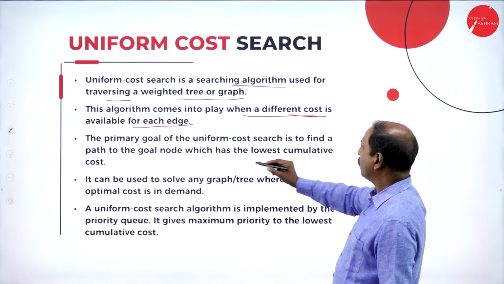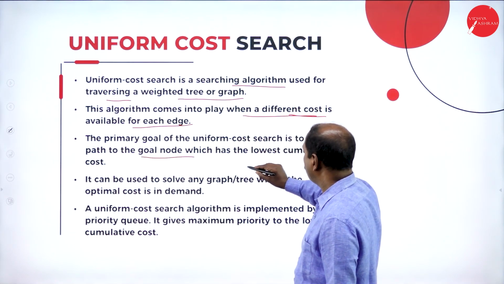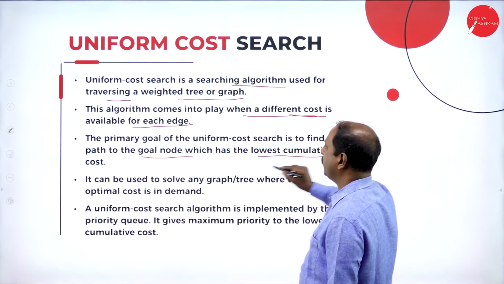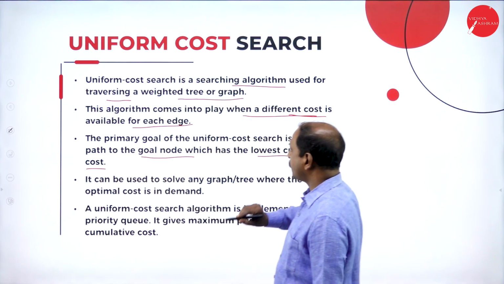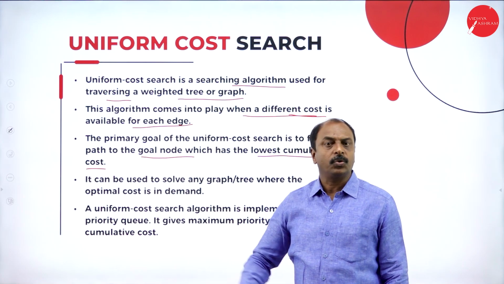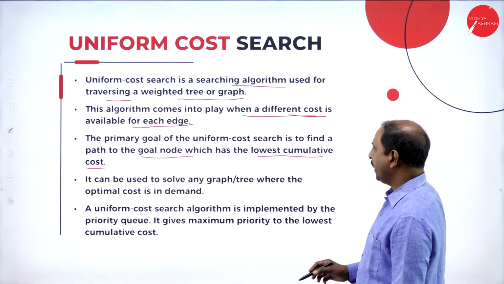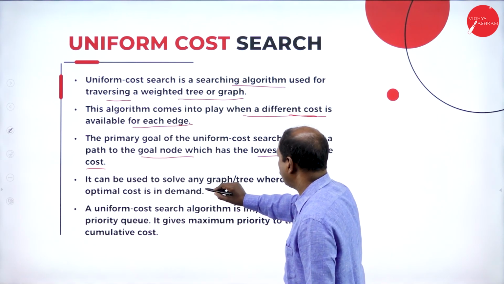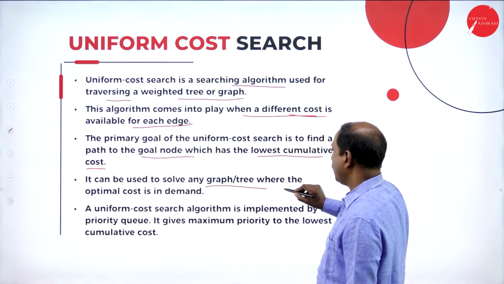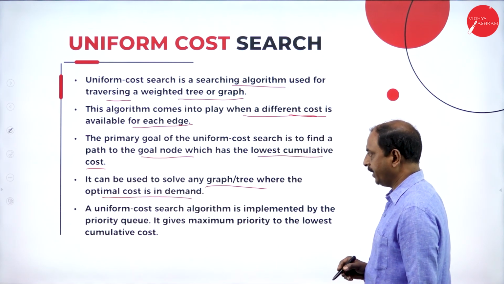Now the primary goal of this is to find a path to the goal node which has the lowest cumulative cost. So it is going to prefer to move to the node where it has the lowest cumulative cost. And it is used to solve a graph or tree where the optimal cost is in demand.